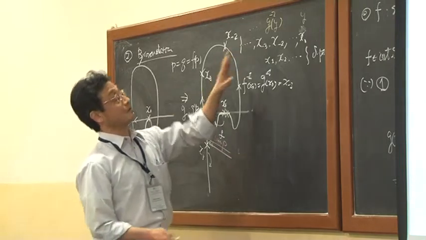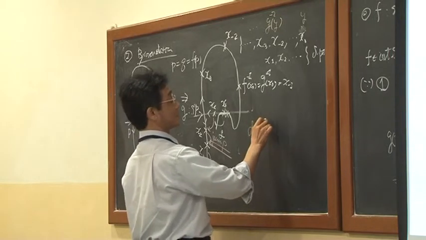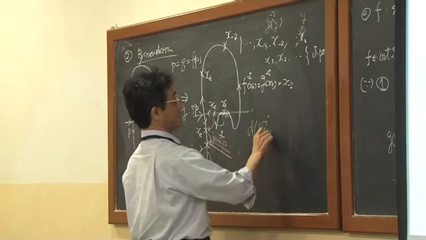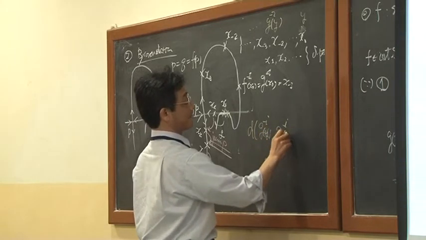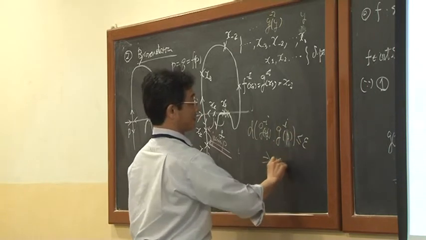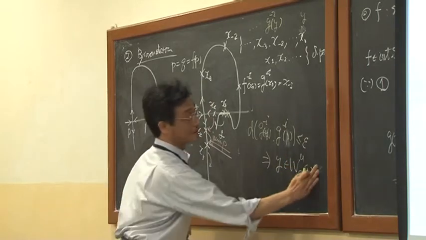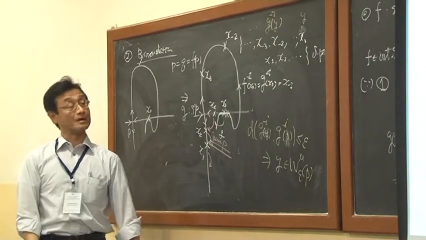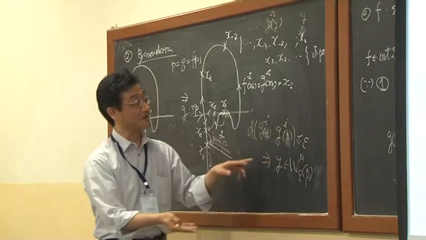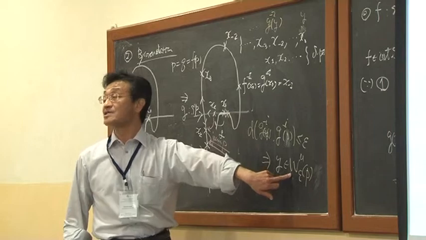So the negative orbit of y stays within epsilon, and since P is hyperbolic, y must be in the local unstable manifold.